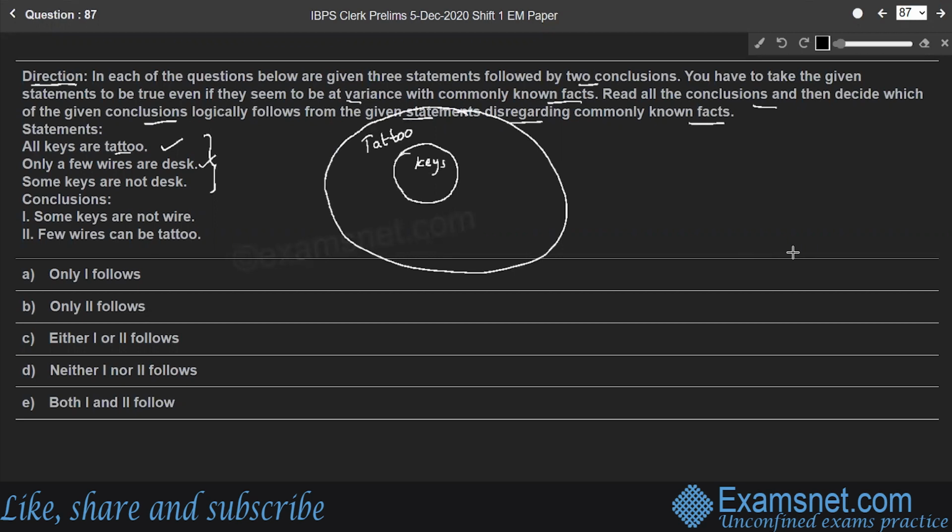Second statement, only a few wires are desk. That means there are 2 sets. One is set of desk, another is set of wires, and their intersection part. This portion represents only a few wires are desk.